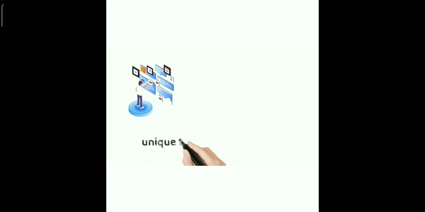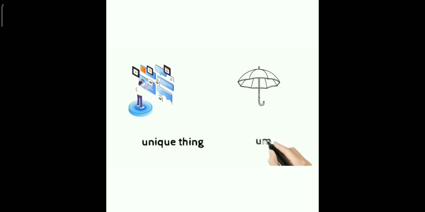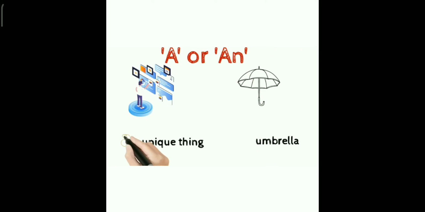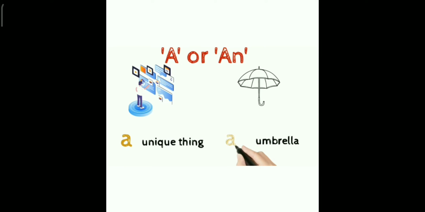Let's take an example of a unique thing. And what is this? Umbrella. Right, what will we use, a or an? Both the words are starting with U. Now U is a vowel, right? A, E, I, O, U. U is a vowel. But what will we add, a or an?